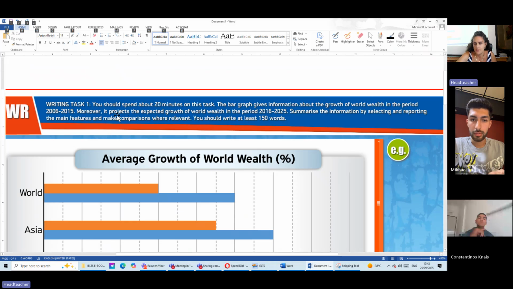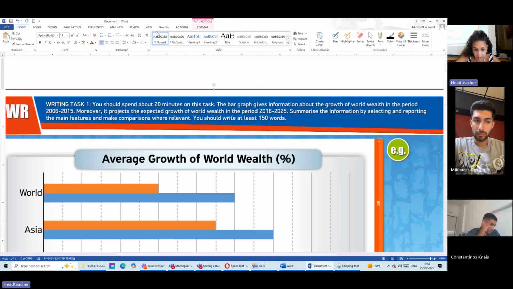So it predicts, based on statistical data, not randomly, not just a random prediction out of a gut feeling or intuition. Projection is a prediction based on actual data that we've got and is solid. So it projects the expected growth of wealth in the period from 2016 to 2025.